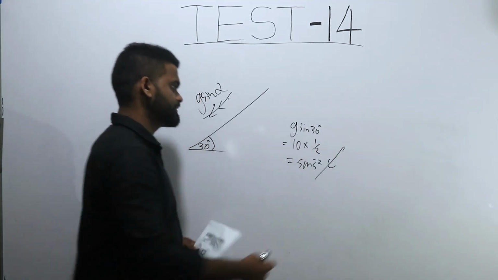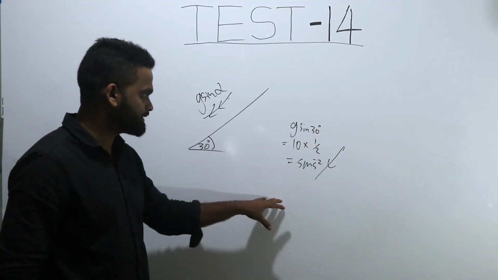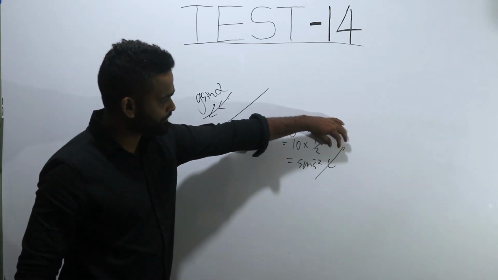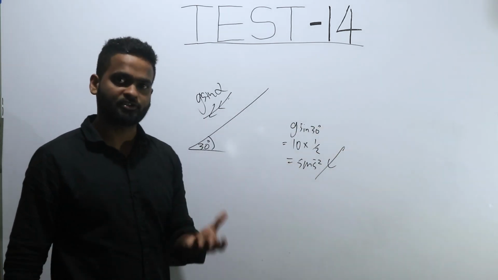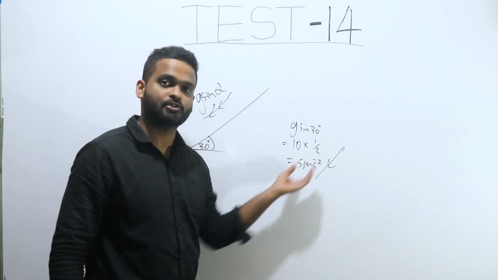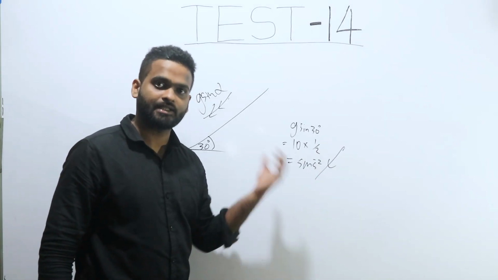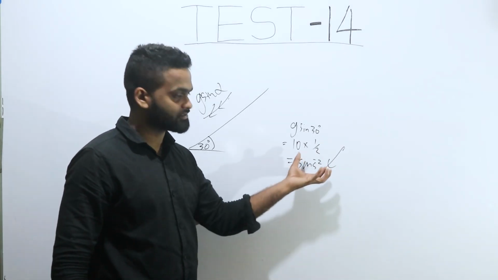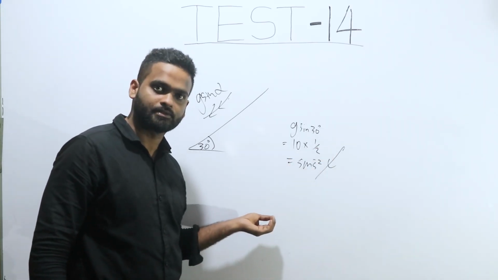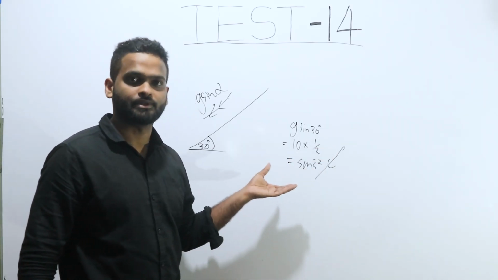Along and downwards. So along and downwards, the acceleration is positive, because in reality this acceleration is actually downwards, right? So this is positive.